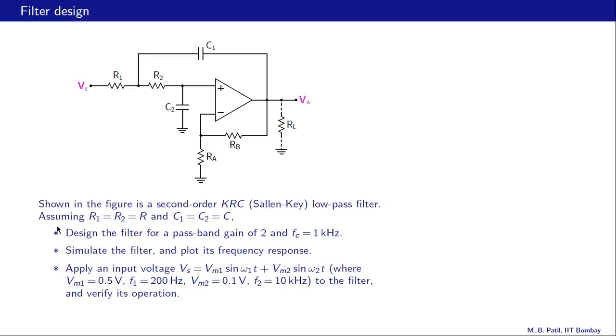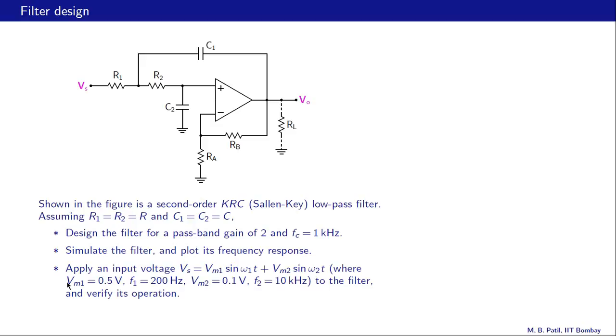Now assuming R1 equal to R2 equal to R, these two resistances being equal, and C1 equal to C2 equal to C, design the filter for a passband gain of 2 and a cutoff frequency of 1 kHz. Simulate the filter and plot its frequency response. In particular, we will check that it is a second order filter with a cutoff frequency of 1 kHz.